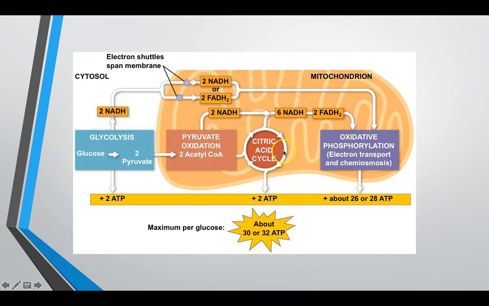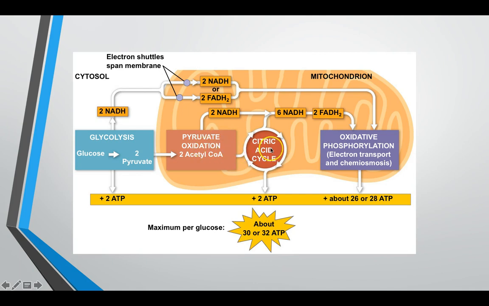Acetyl coenzyme A is the key that turns Krebs. After those 8 steps of the Krebs cycle, where acetyl coenzyme A binds to oxaloacetate to make citrate, citrate is changed to isocitrate, then alpha ketoglutarate, then succinyl coenzyme A, then succinate, then fumarate, then malate, and back to oxaloacetate.